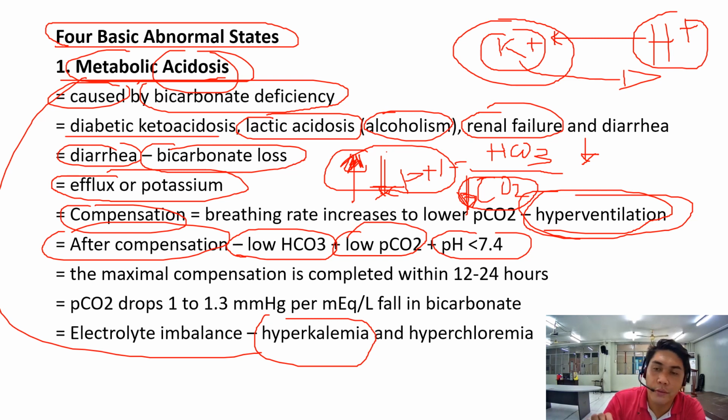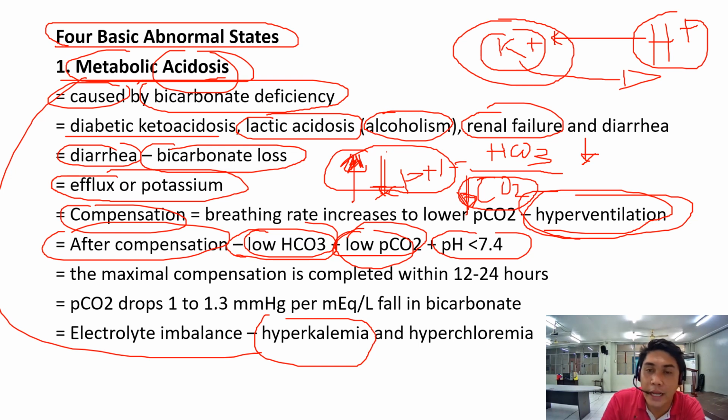For partially compensated, it is low bicarbonate, low PCO2, and pH is less than 7.35. But if fully compensated, pH is less than 7.4 but not less than 7.35 with low PCO2 and low bicarbonate.